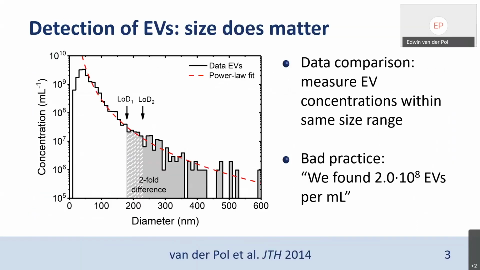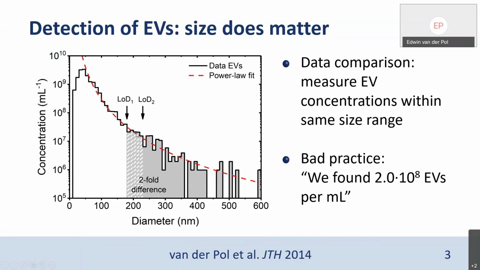So, detection of EVs, size does matter. To make that clear, you can see here the size distribution of extracellular vesicles in urine, measured and combined by both electron microscopy and resistive pulse sensing. And as you can see, the concentration of these decreases rapidly with increasing diameter.